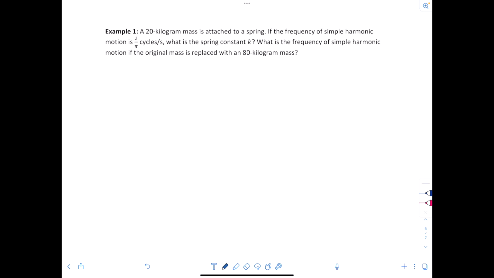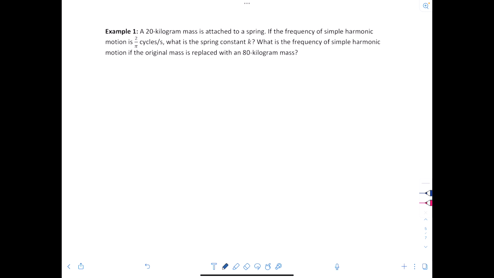What is the frequency of simple harmonic motion if the original mass is replaced with an 80 kilogram mass? All right, so since these are in kilograms, we don't need to convert to slugs. If you're given a measure in feet, you'd need to convert it to slugs. And I'll show you the conversion for that soon.